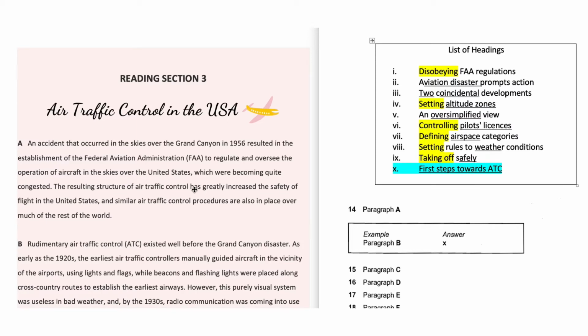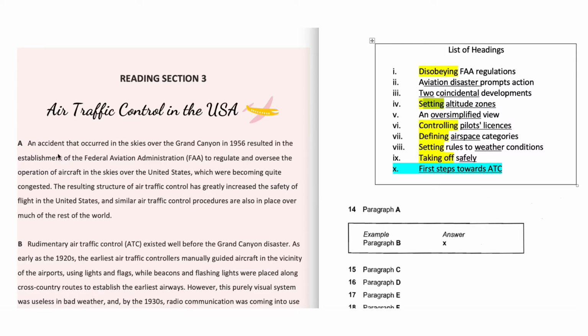Whereas scanning means quickly searching a passage for a particular word or term. So if we have underlined a keyword, with the scanning technique, you are quickly searching for that keyword in the passage.